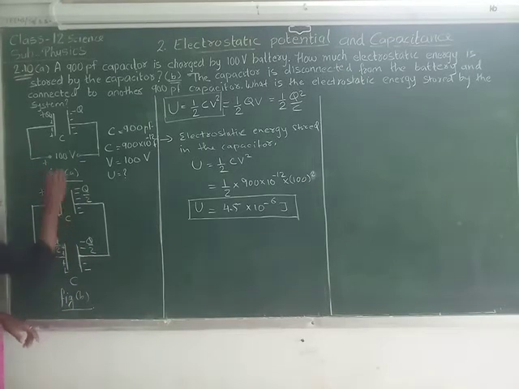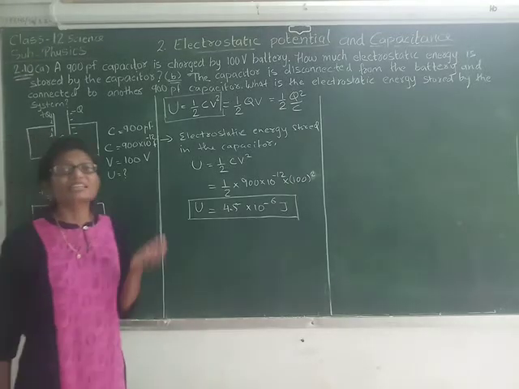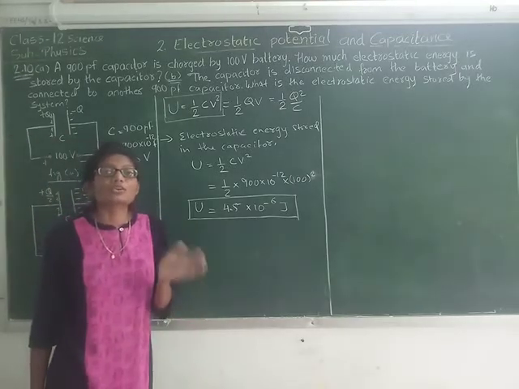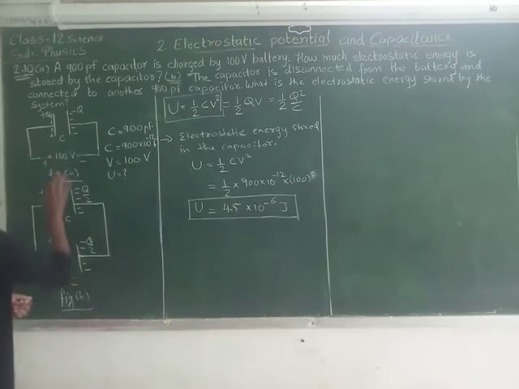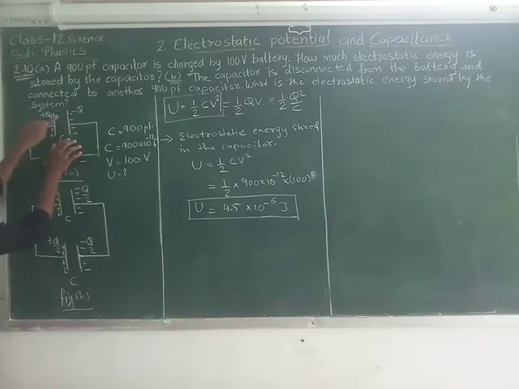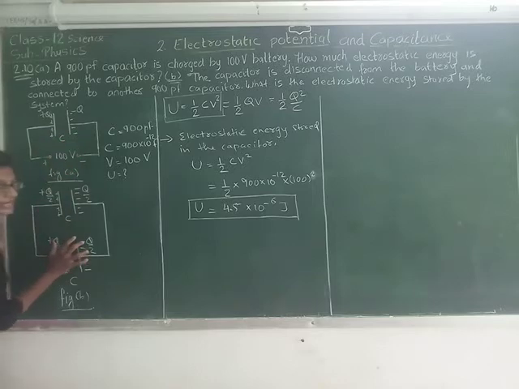But now because it is disconnected from the battery and connected to the chargeless capacitor, the charges get distributed to the other capacitor. So initially, for this capacitor we have plus Q charge and minus Q charge. When we connect another capacitor, half of the charge is given to this plate of the other capacitor.